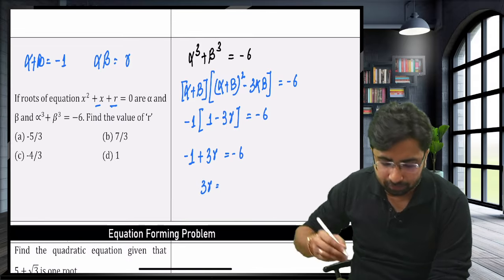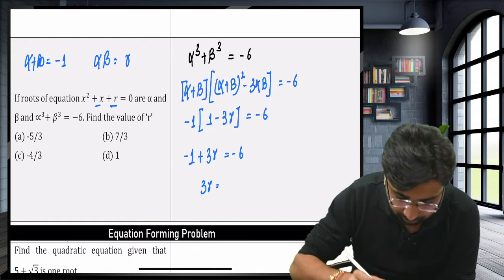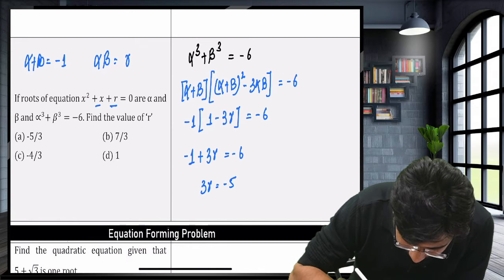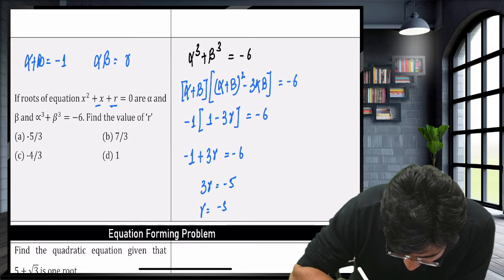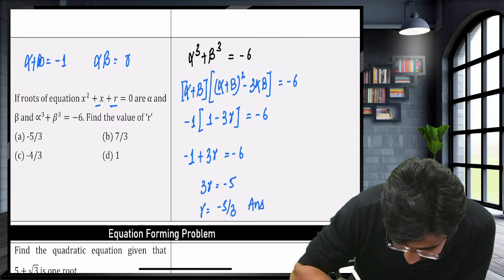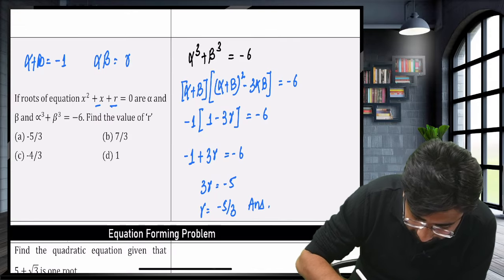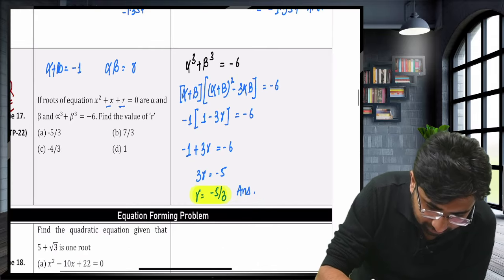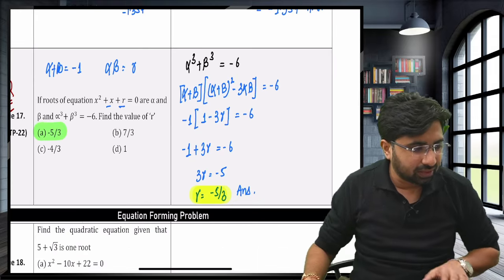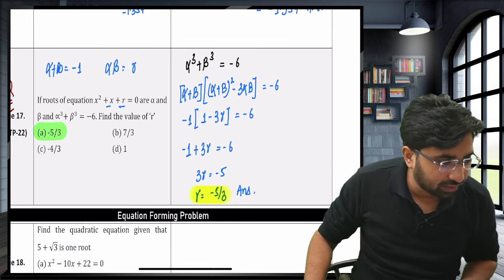So minus 6 plus 1, minus 5, and r will be minus 5 upon 3. That is the correct answer. Guys, be very careful, don't make any silly mistake. Option A is the correct answer.